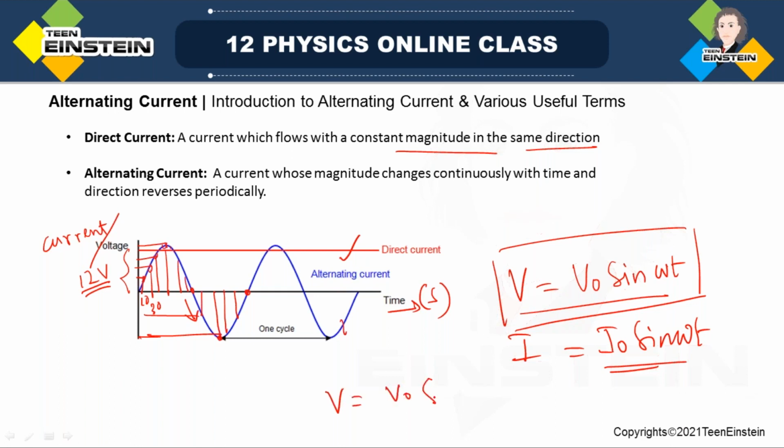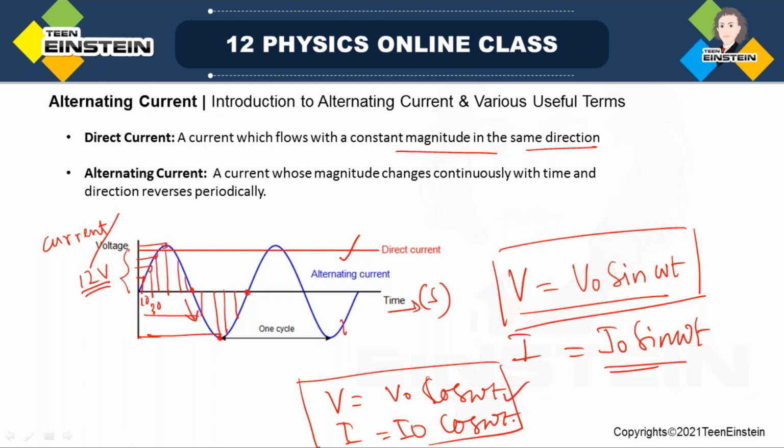So V is equal to V0 cos omega t, and I can also be written as I0 cos of omega t. So I mean to say that you can use either cosine or sine function to represent any AC signal.